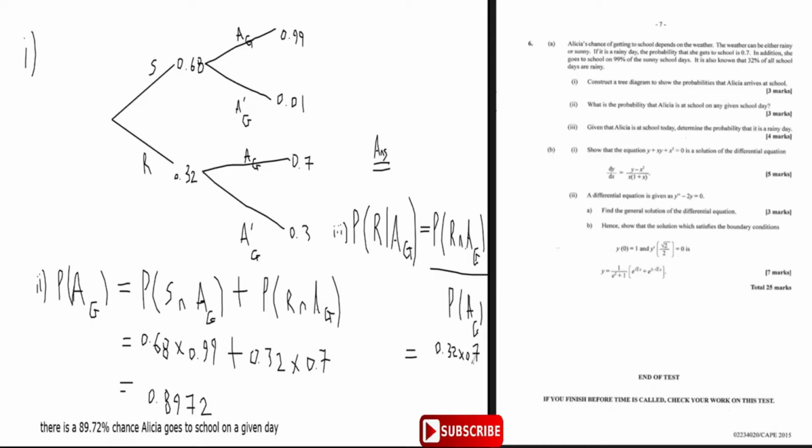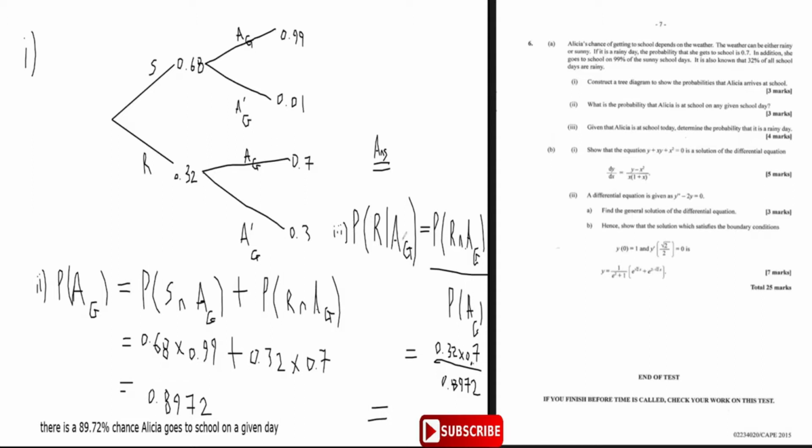So 0.32 times 0.7 over 0.8972. You work that out, and that will be the probability of it raining given that Alicia goes to school.